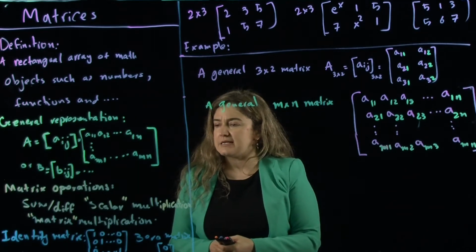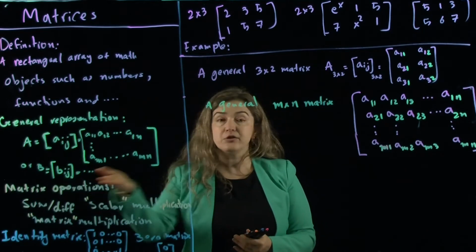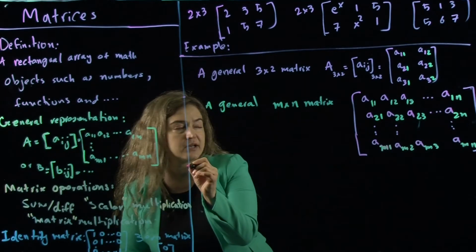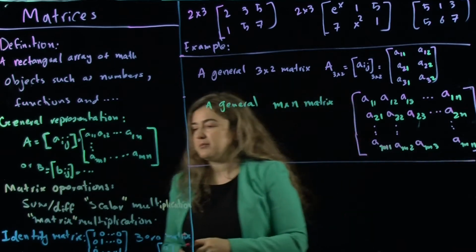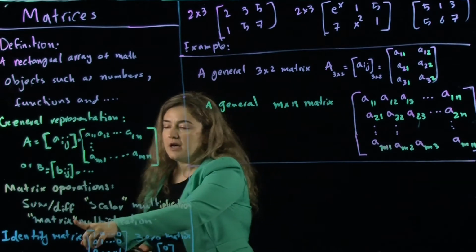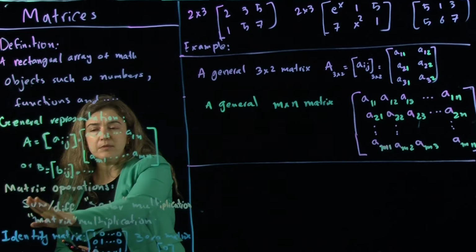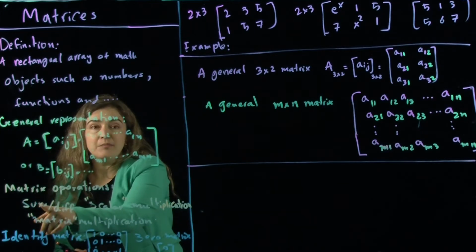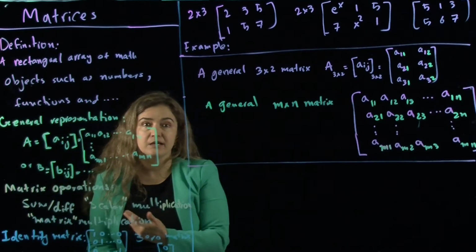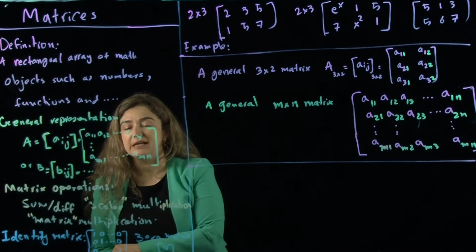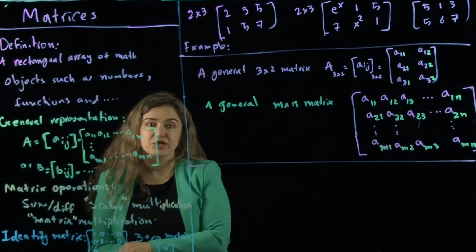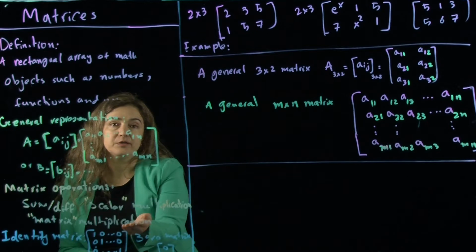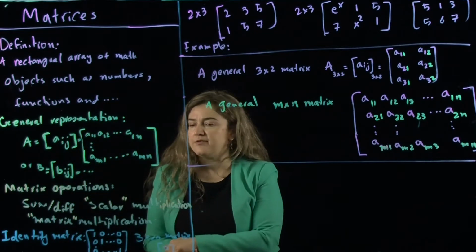Now, what is the next step? Matrix operations. What are matrix operations? So what we have written down here: sum and difference of two matrices is an operation that can be defined. Scalar multiplication is another operation that can be defined. And matrix multiplication can also be defined.